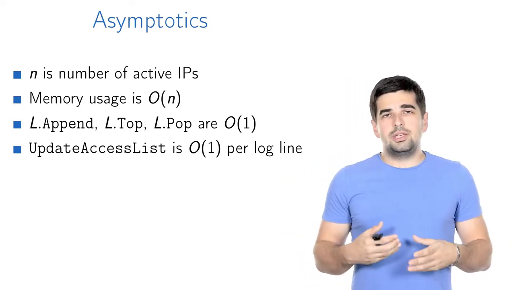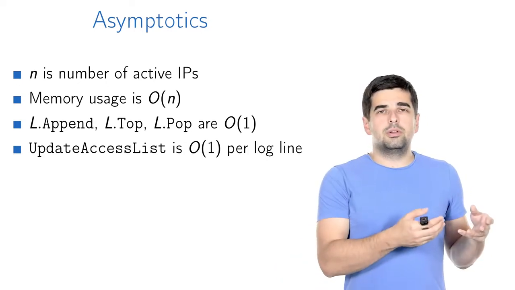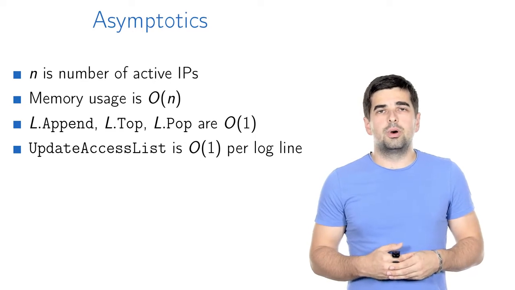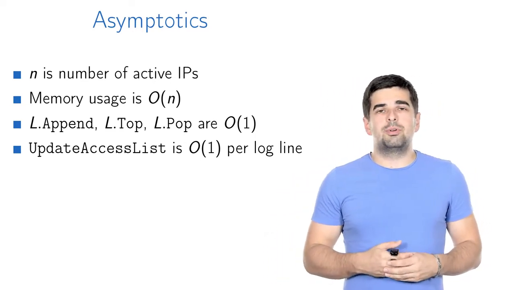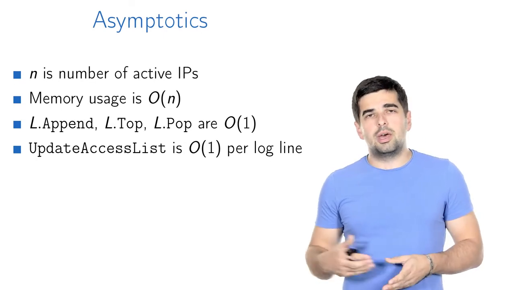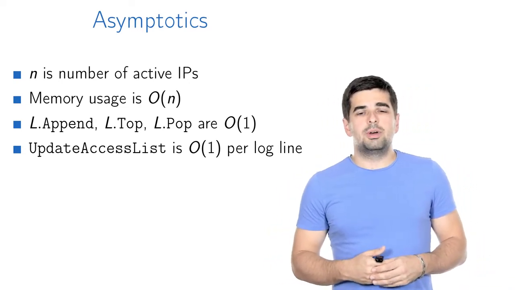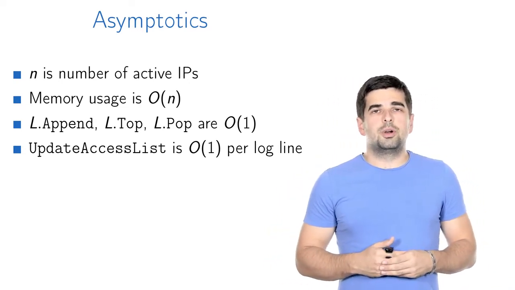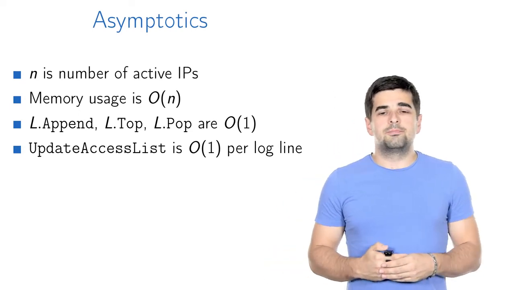But for each log line, we will only append it at most once, and we will only remove it from the beginning at most once. So it's constant time per log line plus constant time per each call of update access list, just to check whether we need to append something and whether we need to remove something from the beginning. But this amount of operations can be controlled by how often we actually call update access list.